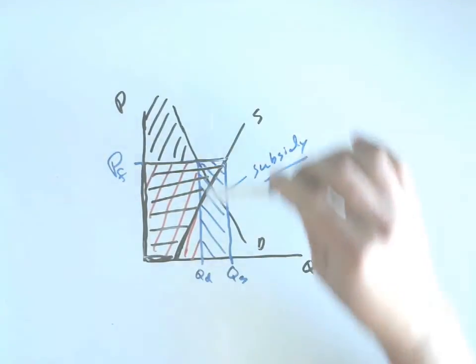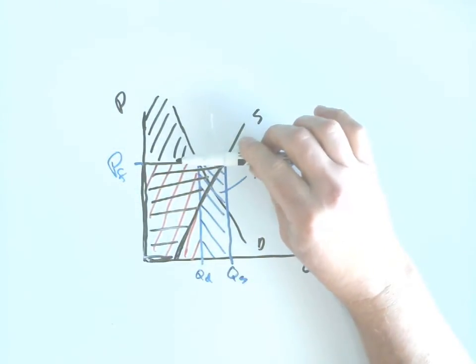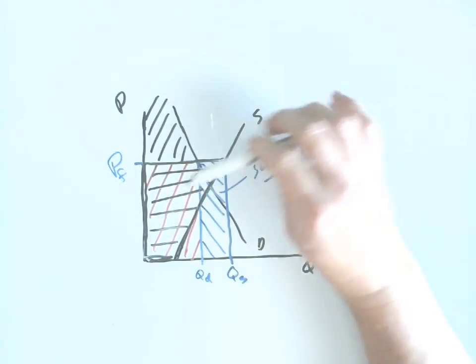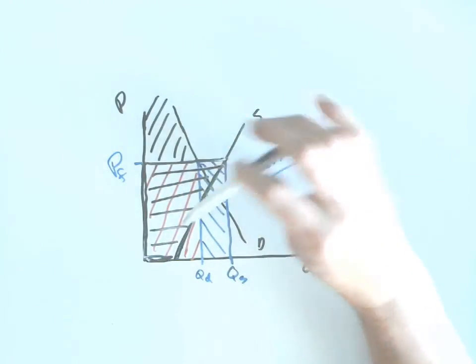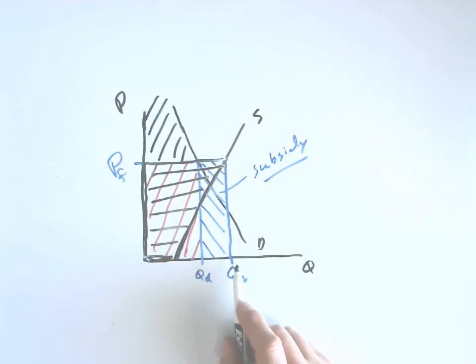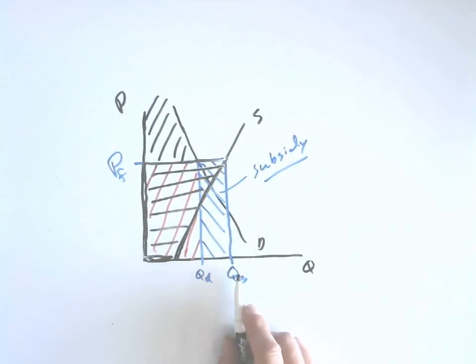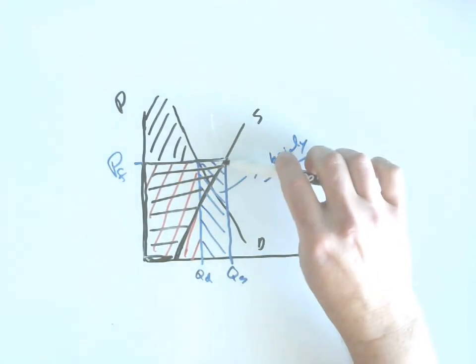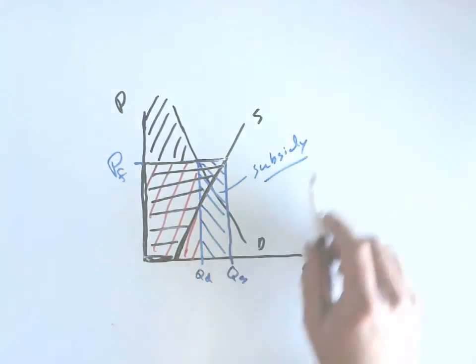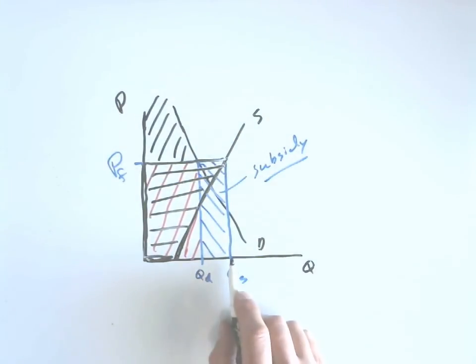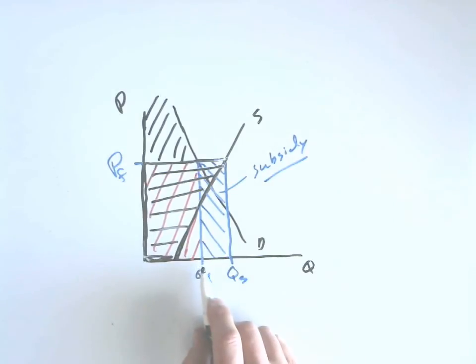Remember the boundedness conditions. Bounded above by the price the producer gets, bounded below by supply, and bounded on the right by the quantity that the producer trades, which in this case would be the quantity they supply, the quantity they would normally supply at that price. It's just that the government actually pays them a subsidy not to produce that much. They actually only produce QD.